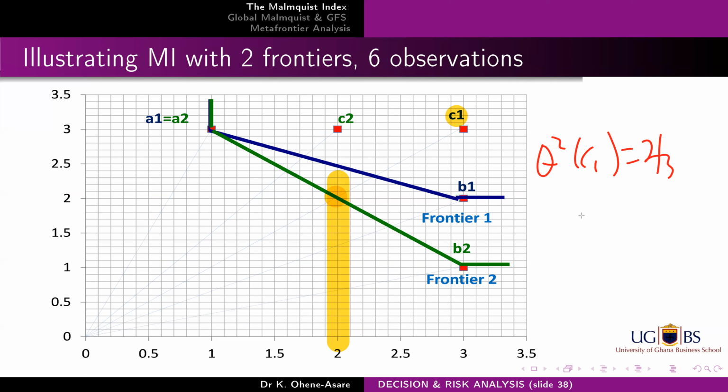Okay, so let's go to B1. B1, we calculated it. It was inside the green frontier. What about C1? What did you get for C1? I said C1, not C2, C1. Okay, C1. What was the value for C1? So we said that the C1 is going to be around 2/3.